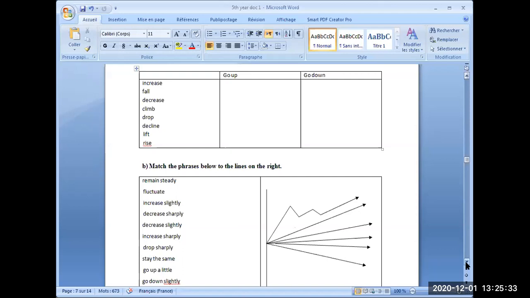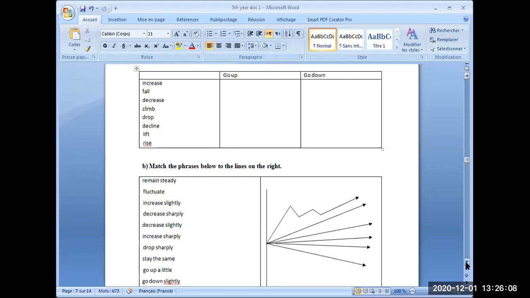I repeat. So for go up: increase, climb, lift, and rise. These verbs, you're going to use them to describe a line or a graph that is going up. When you would like to describe a line going down or a graph going down, you're going to use the word fall.